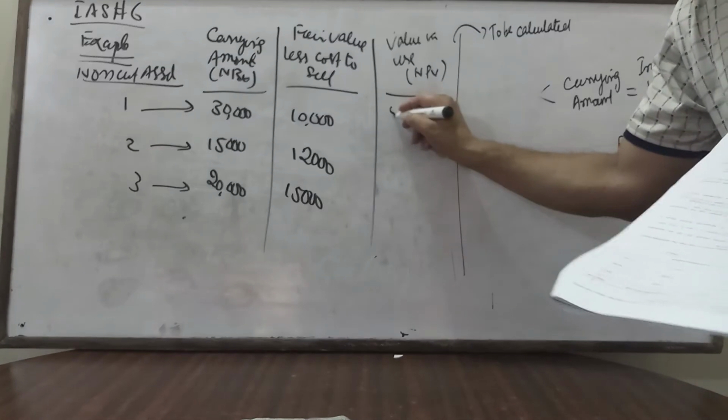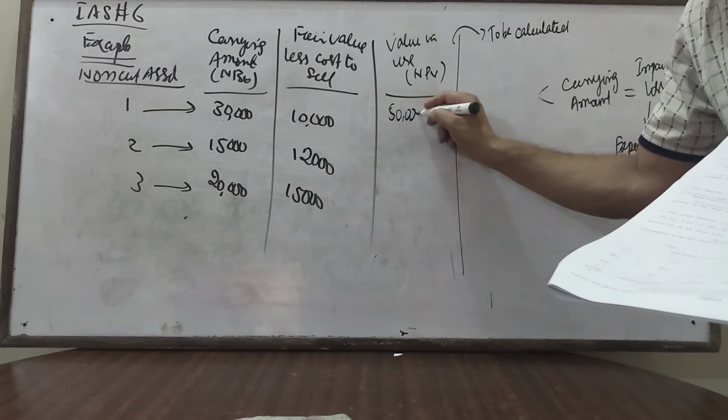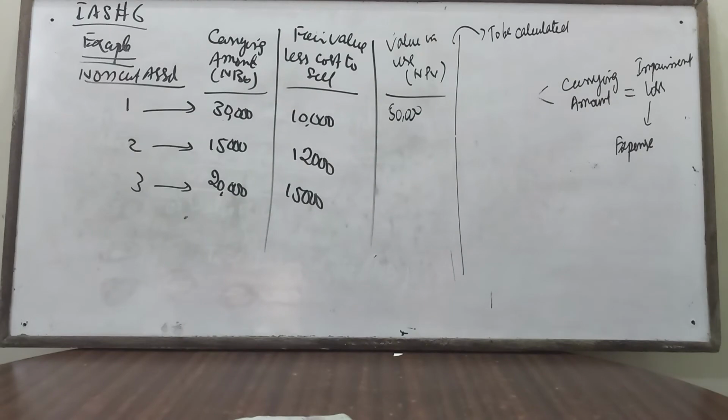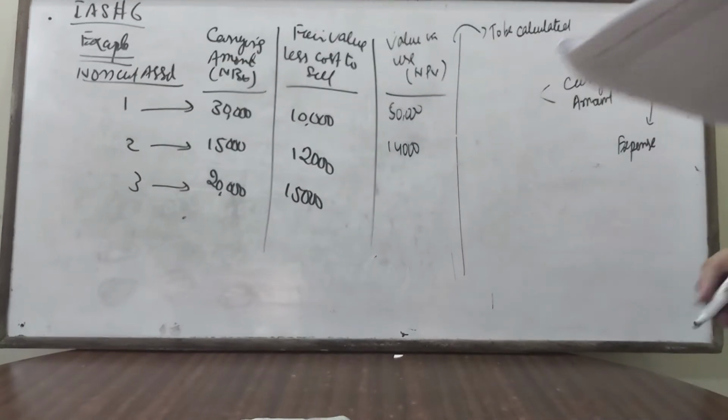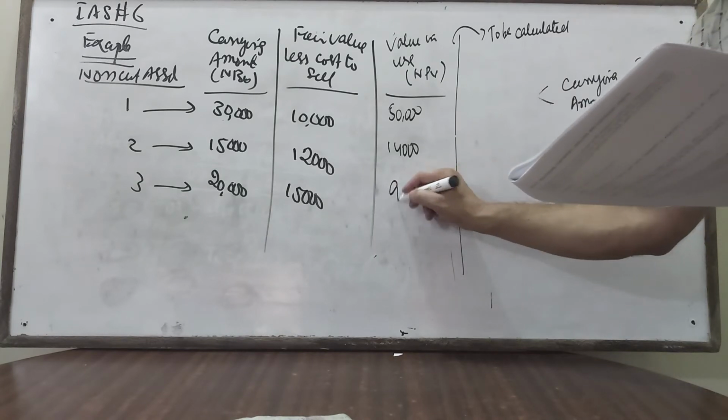Value in use for non-current asset 1 is 50,000, for asset 2 is 14,000, and for asset 3 is $9,000.